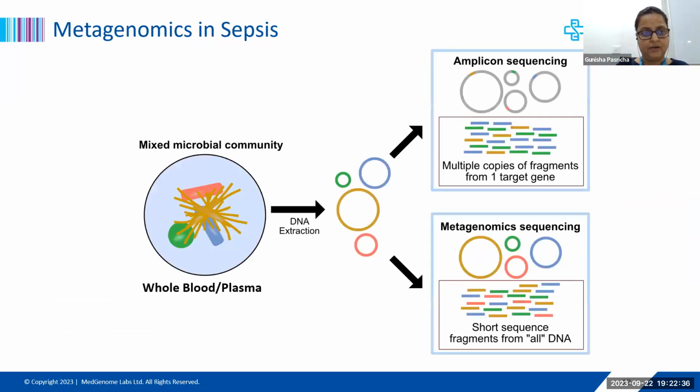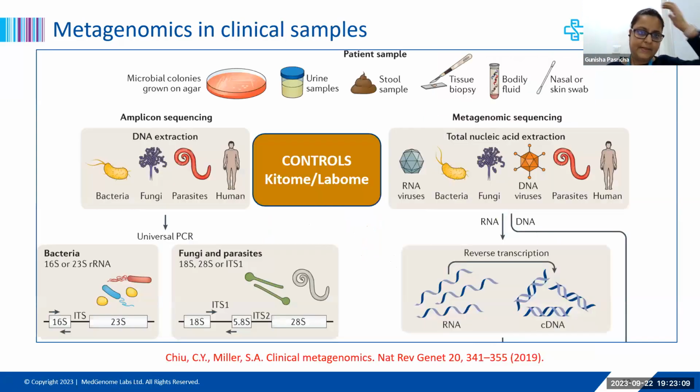Now, taking a step further from metagenomics, there are two different approaches. One is amplicon sequencing, or it could be metagenomic sequencing. Amplicon sequencing, I would say, is a more targeted approach, and metagenomics is a completely untargeted approach. I'm going to talk in detail about amplicon sequencing and metagenomics, so I thought I would just give the two concepts for the metagenomic approach. This slide tells you about the use of clinical metagenomics.